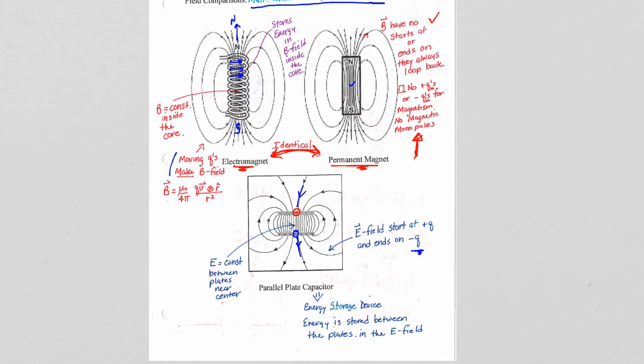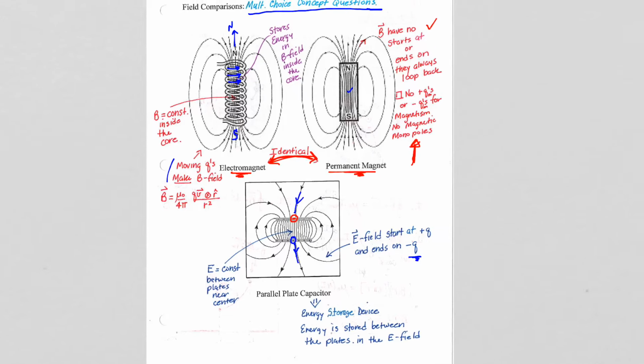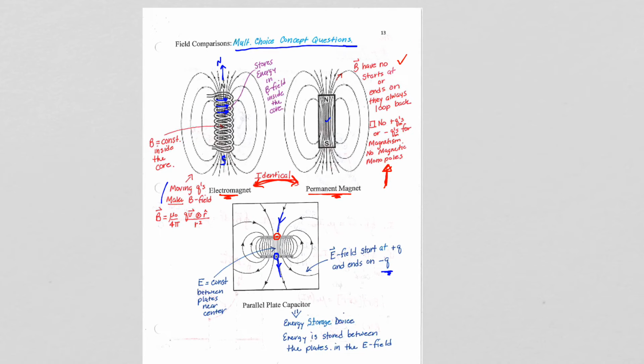And the last thing that I want you to get into your notes is the energy storage. We will see in our next chapter, when we do Faraday's law and induction, that it becomes very important for us to understand that the magnetic field does store energy. That energy can be utilized by letting the magnetic field change, and talk about the time rate of change of the magnetic field.